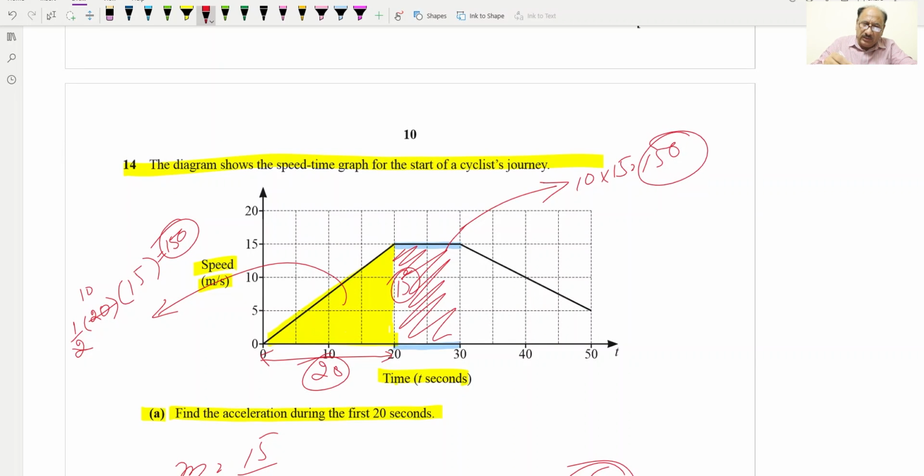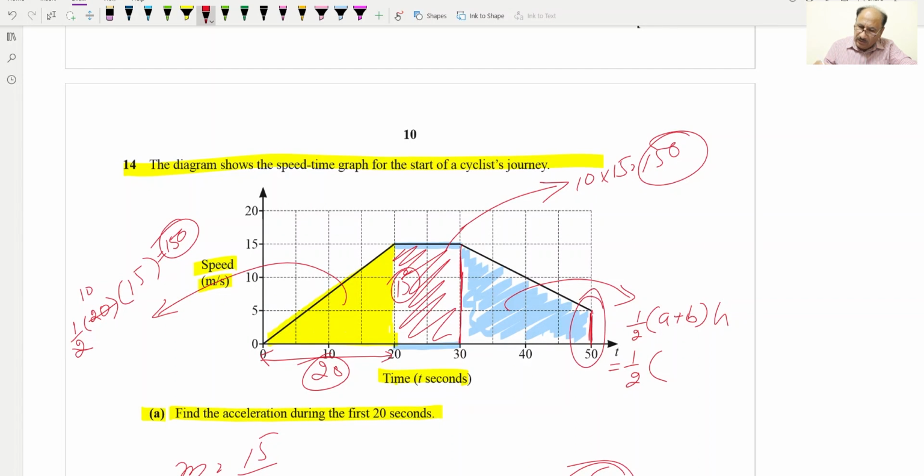Now the remaining area of this section, this is a trapezium, and we can find the area of the trapezium. This will be half into a plus b into h. This is the formula for trapezium, and this will be 1 by 2 into a plus b, where a and b are the parallel sides, and the parallel sides are this one and this one.